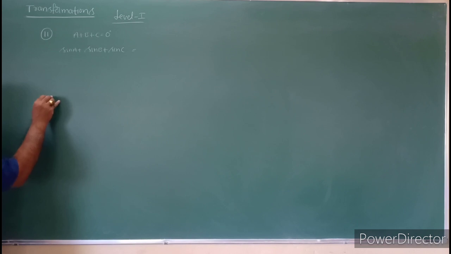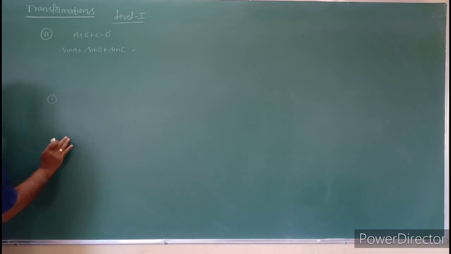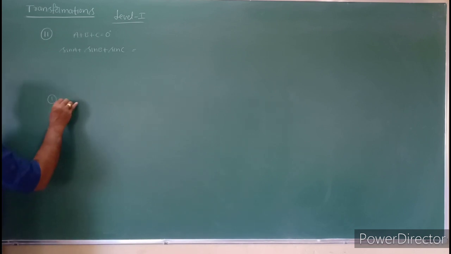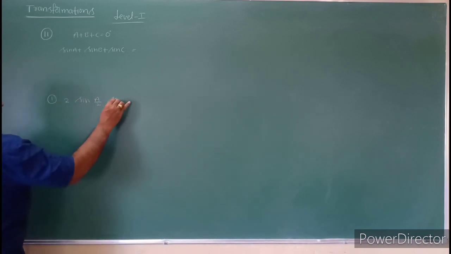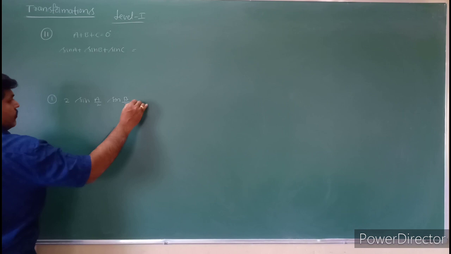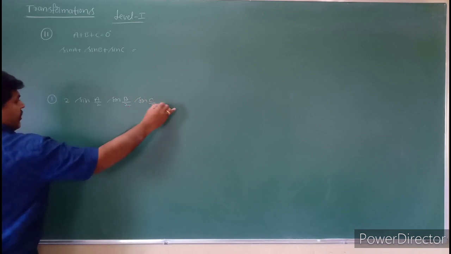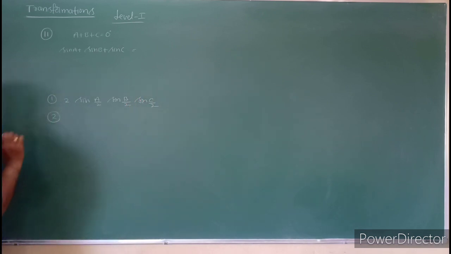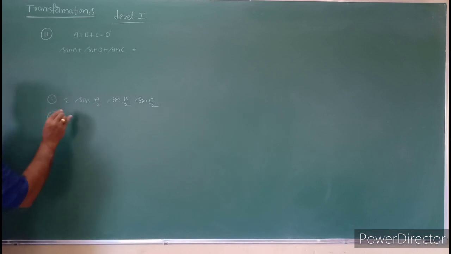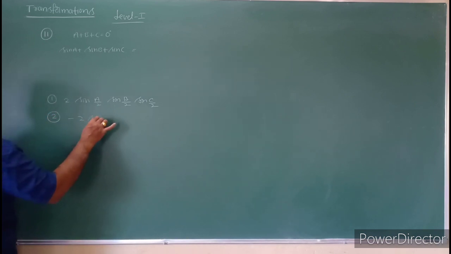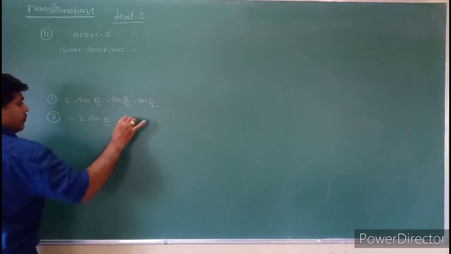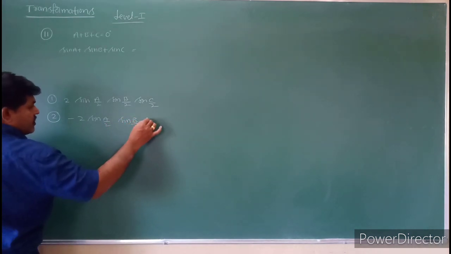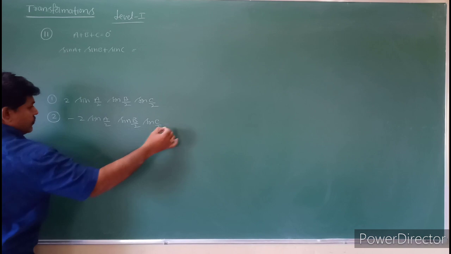So what are the options? Option 1 is 2 sin A by 2, sin B by 2 and sin C by 2. The second option is minus 2 sin A by 2, sin B by 2, sin C by 2.